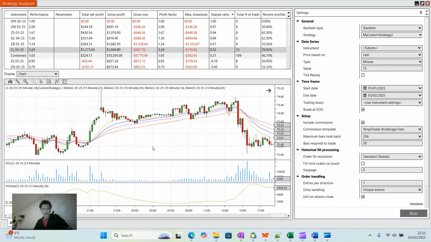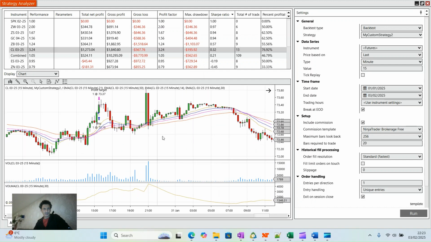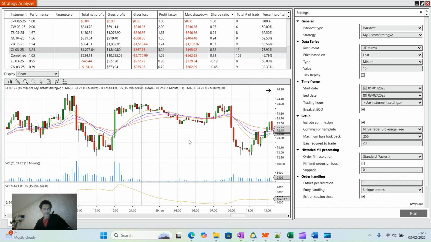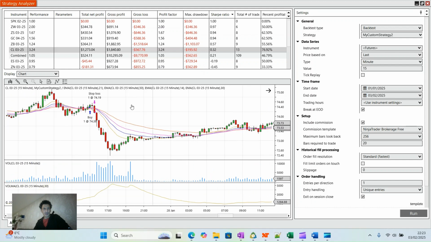Okay, here is a trade. We went long and we made a profit. As you can see, whenever there is higher volume here, you can get stronger moves in the price.